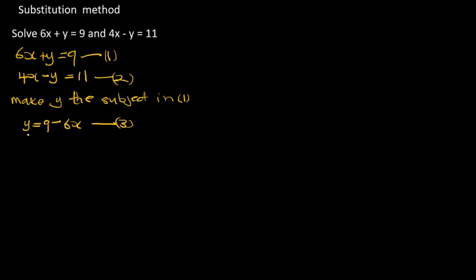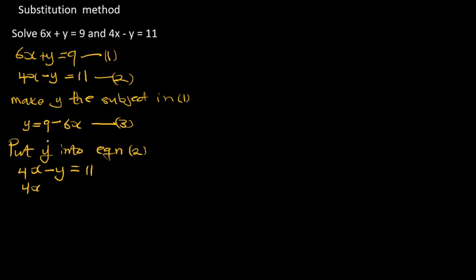We now put y into equation 2 to solve for x. So this is our equation 2, 4x minus y equals 11. Now 4x, our y is what?